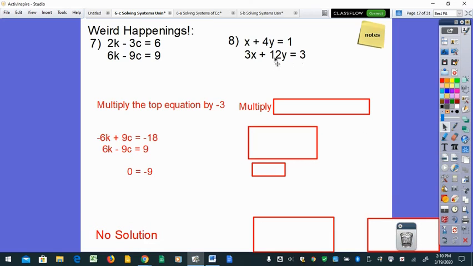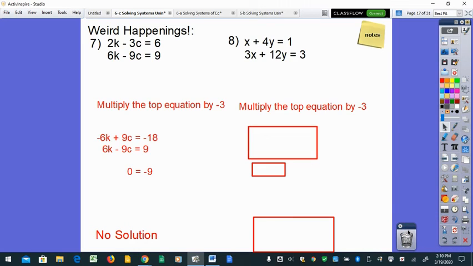In this system, I'm trying to see how I can eliminate. I'm going to multiply the top equation by -3. Now remember, that's not the only way to get to the answer, but that's just the way I chose. When I multiply -3 times x, I get -3x. -3 times the +4 gives me the -12 in front of the y, same thing as -12y.